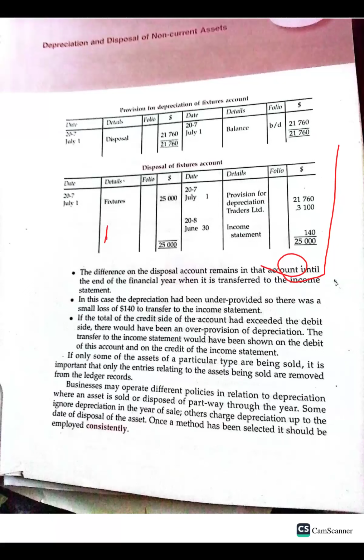The income statement will come this side. That would mean that now it's a gain to you. It would indicate that the cost is less than what you have gained from the asset. In that case, you will debit the disposal account so that the income statement can be credited, just observing the double entry rule.